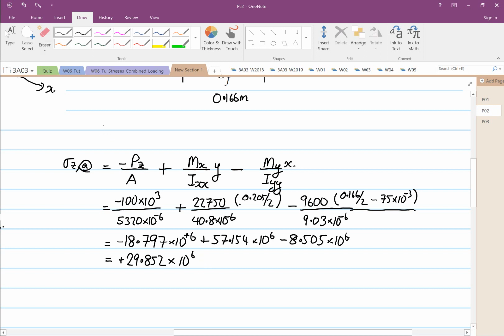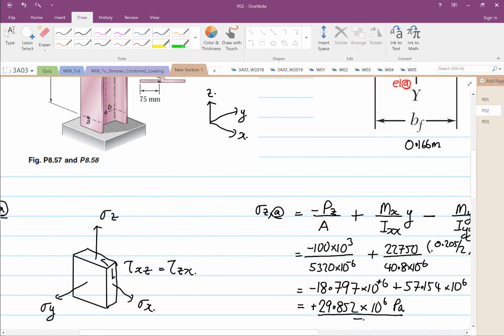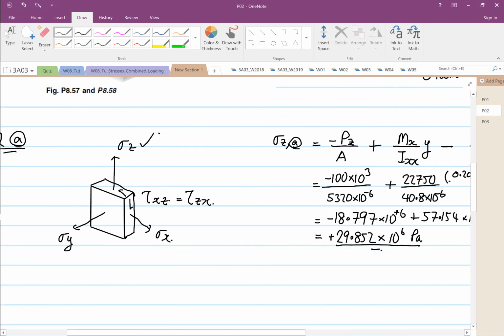So we found our stress Z at point A, and we realize that stress X and stress Y are equal to 0. There's no normal stress acting there.